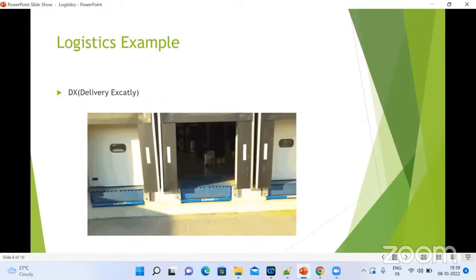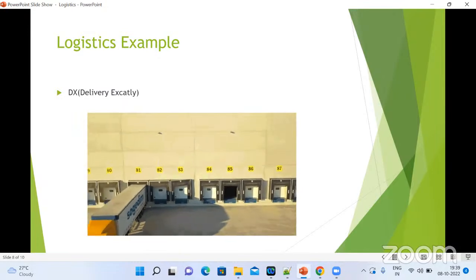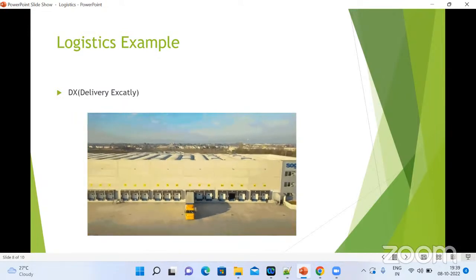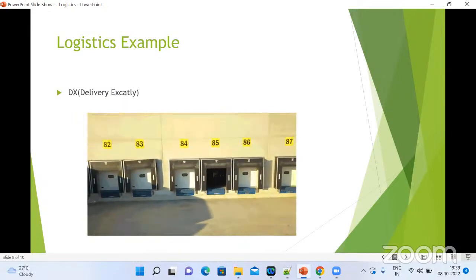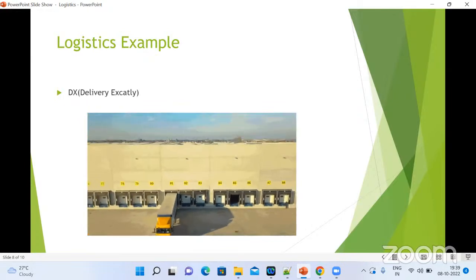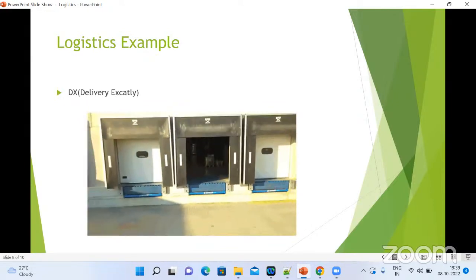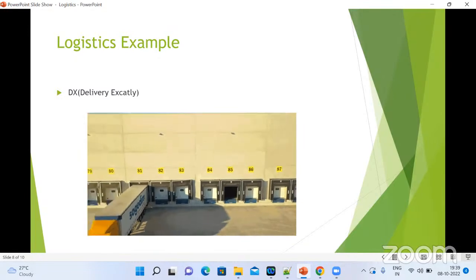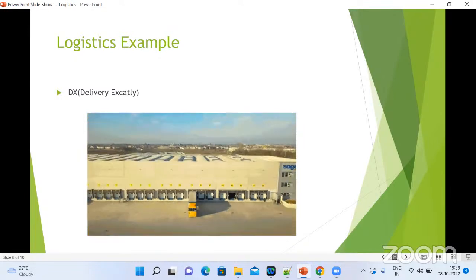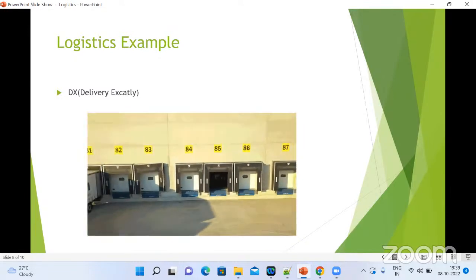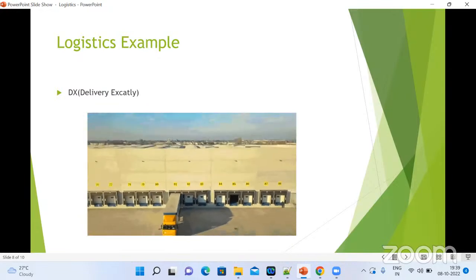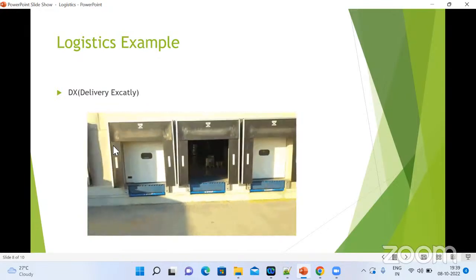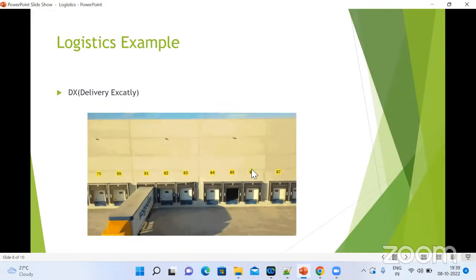Here I have seen they have too much big space, and they wanted to route all those particular cargos every day, depending upon those e-way bills and all this. So they have created multiple compartments, and they are routing multiple products in multiple dimensions. Like you see here, there are multiple numbers, 84, 83, all these.